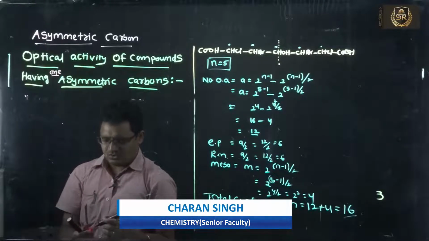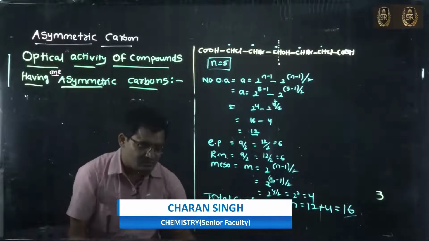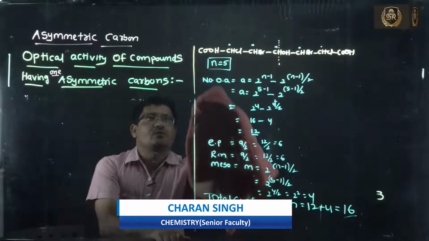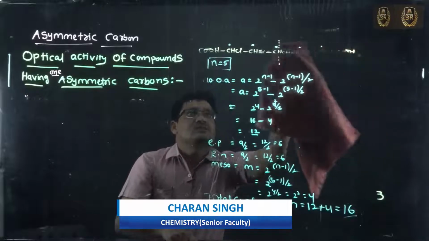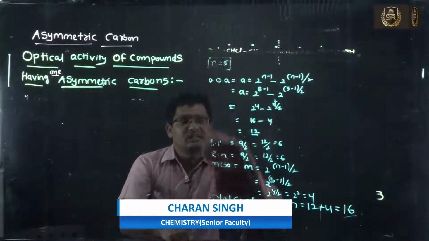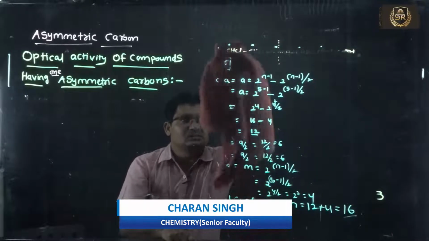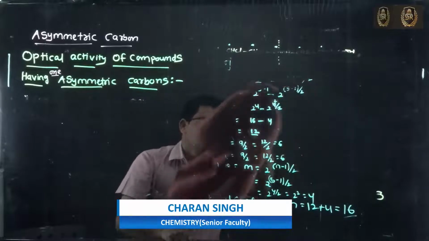Next topic is about one asymmetric carbon: how to identify it, what is an enantiomer, what are diastereomers. So now we discuss.